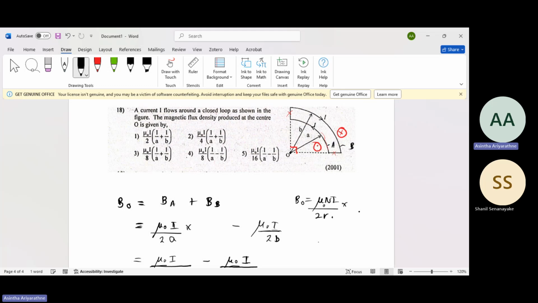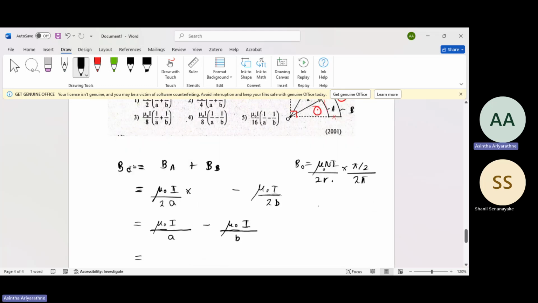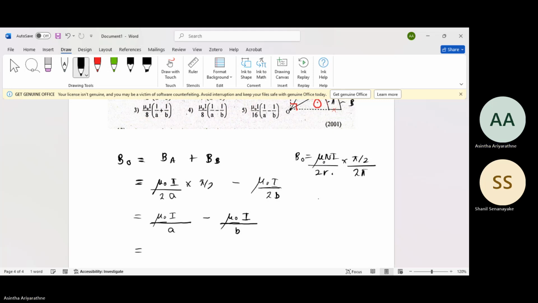But in order to get the magnetic flux density due to a quarter of a circle, we have to divide by 2π and multiply by phi over 2. So phi over 2 over 2π, which gives 8.